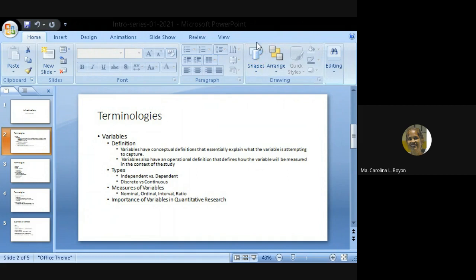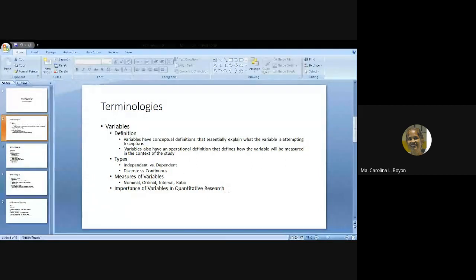So with variables, we will have to look at the difference between conceptual definitions and operational definitions of variables. When we say concept, it's an idea. So when you look at a variable, it will be dependent on the perspective that you view these variables from.